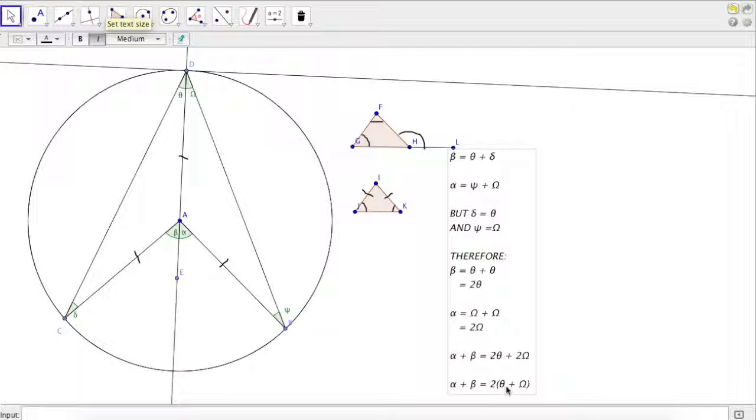So this expression basically says that alpha plus beta, which is at the center of the circle, is 2 times the value of theta plus omega, which is at the circumference of the circle. So we have proved the theorem that states that the angle at the center of the circle is 2 times the angle at the circumference of the circle.